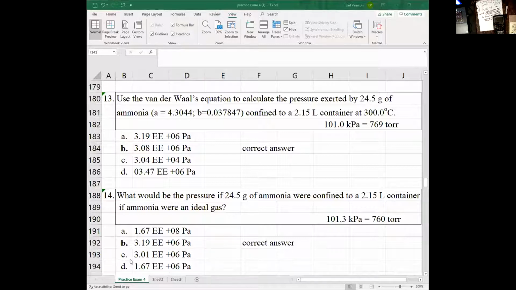And one of the foils is 3.01. So the answer I got is pretty hard to distinguish between those two. Okay. I got the same one as you did when I did it. You got what answer? I got the same answer that you got, or about the same, 3.08. Yeah.